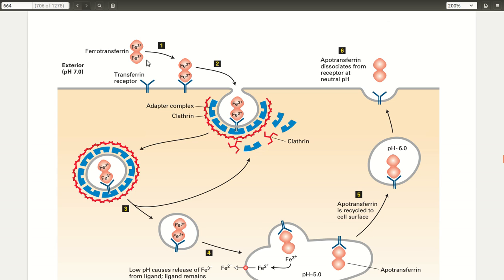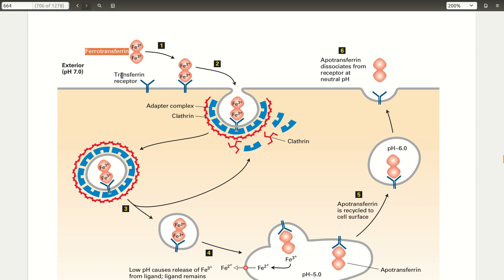There's also a similar process that occurs with the transport of iron into cells, through the ferrotransferrin protein, which carries 2 Fe3+ iron ions.